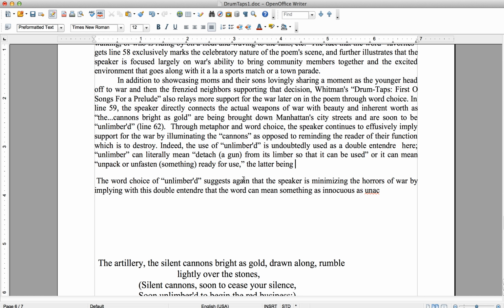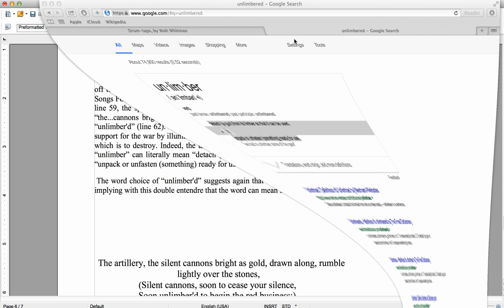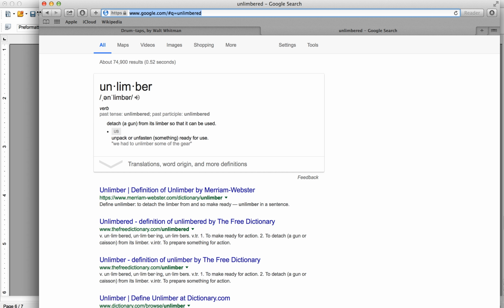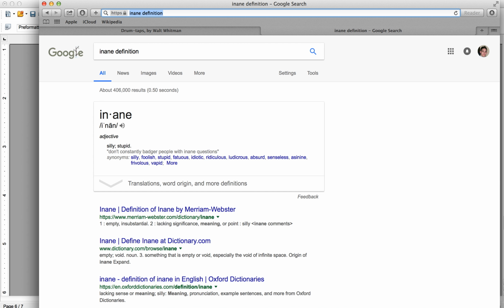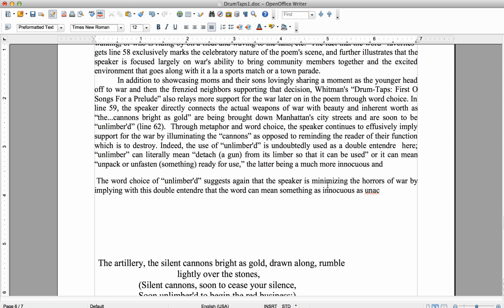The latter being a much more innocuous, you could say innocuous and inane. Let's look up inane. Exactly what it means. I know it usually means like inane topics of conversation. So you want to think about the phrase that you hear it in a lot. It's like silly, stupid, yeah. So just inane topics. But it's not really inane. It's not silly. It's just innocuous.